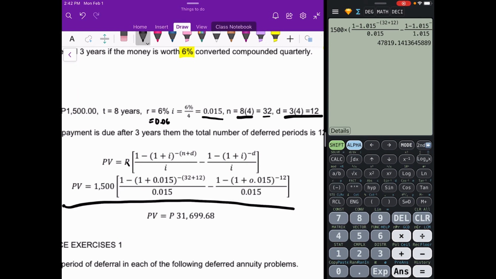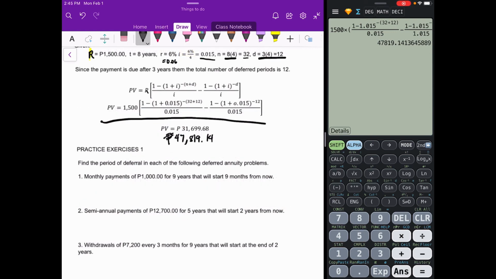The one on our calculator is the correct one, class. So, 47,819.14. Okay, so, again, the correction we have here, 47,819 pesos and 14 centavos. That is the present value.